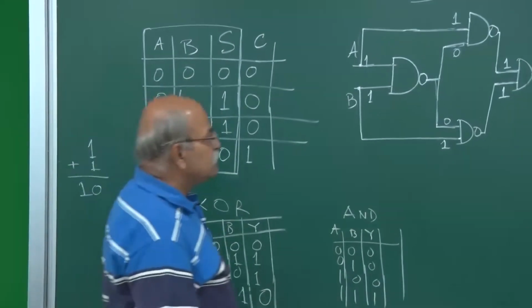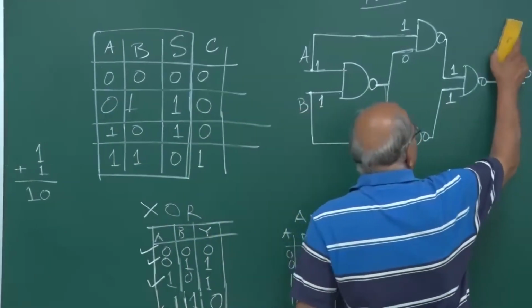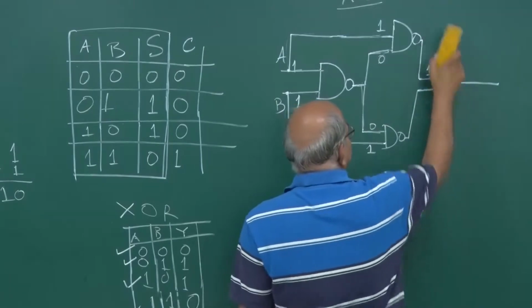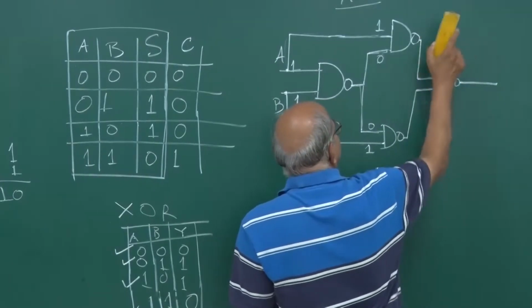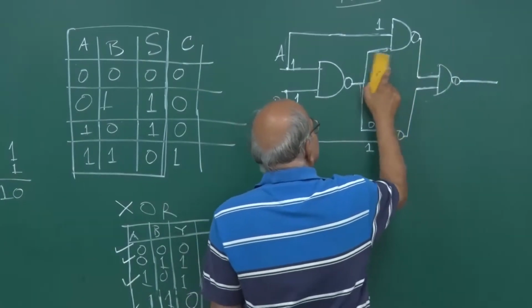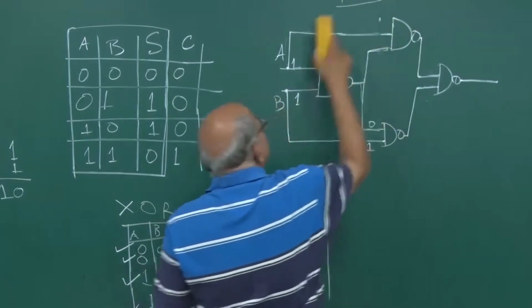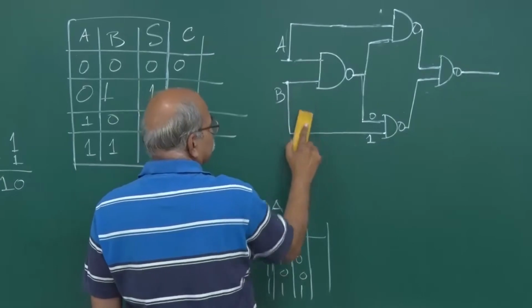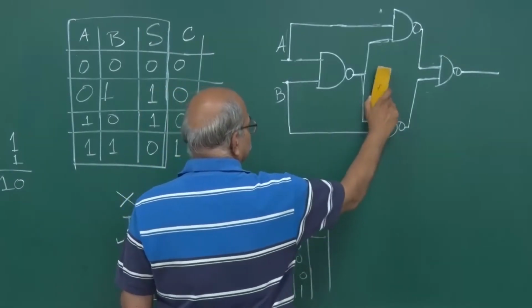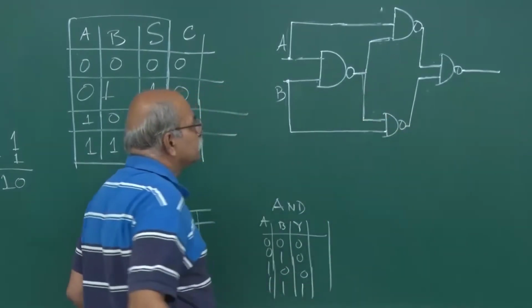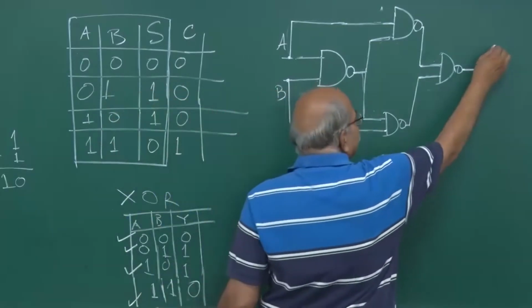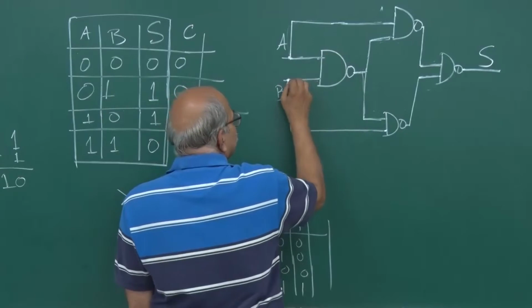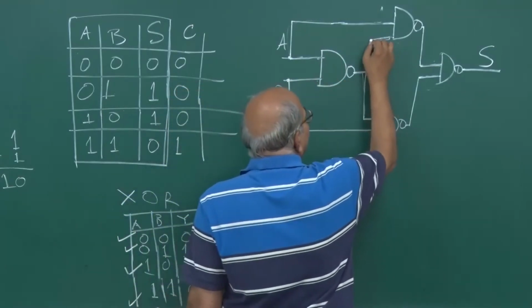So this Y is nothing but S. Okay. So this is our circuit for getting sum.